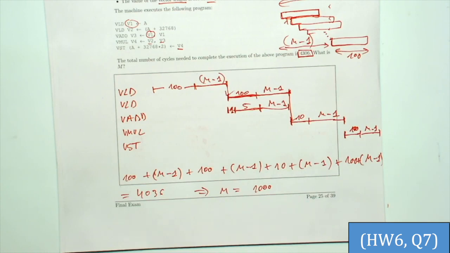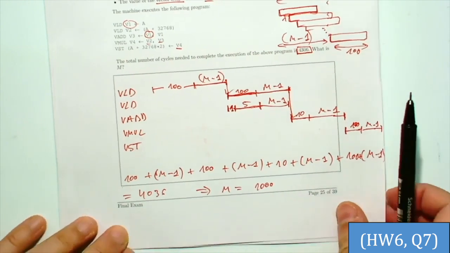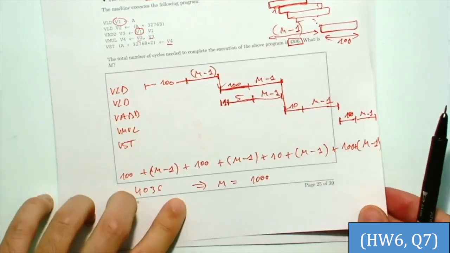Or do we assume that we just write back and don't care about the in-process exceptions? Both assumptions are reasonable, right? So again, up to me. More questions about this one?